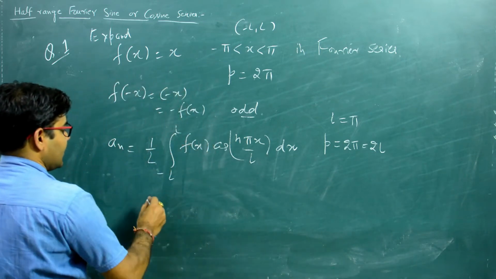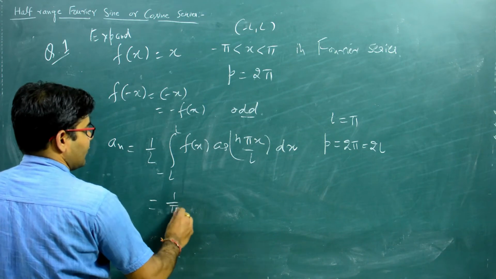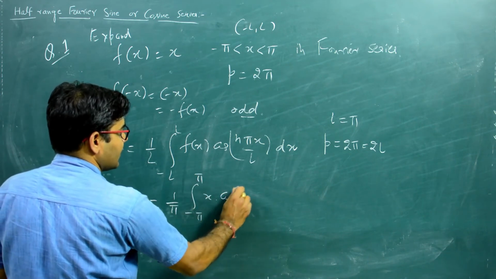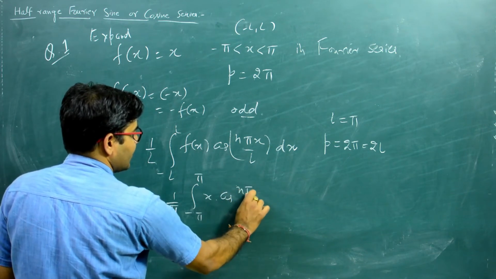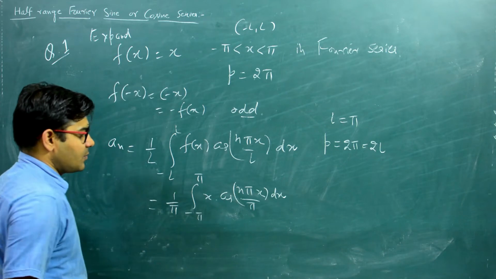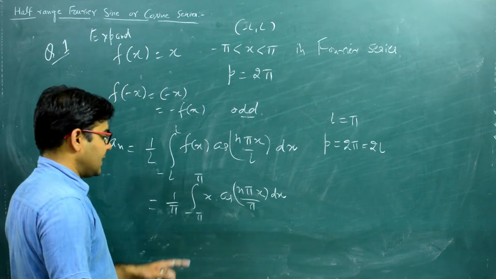So L is equal to pi here. So if I write down this a_n, 1 over pi integral from minus pi to pi, f(x) is x, cos(n pi x by pi) dx. Okay, so pi cancels out, so it becomes cos nx.